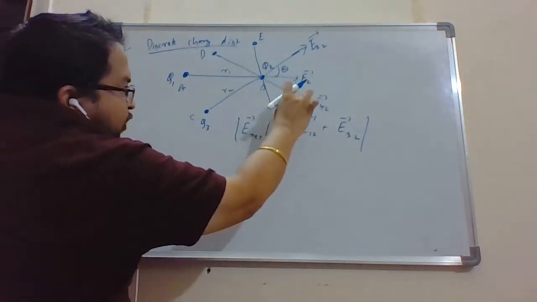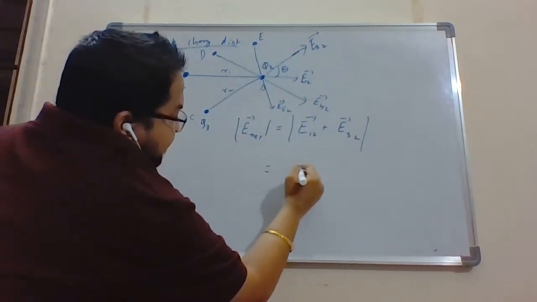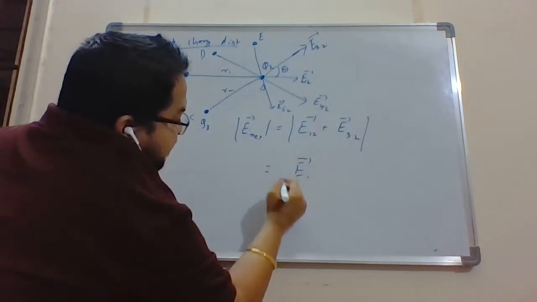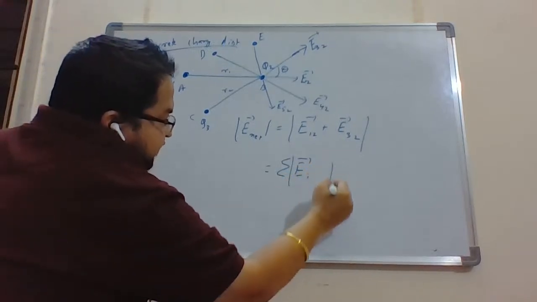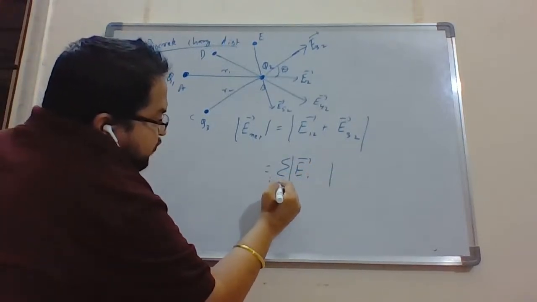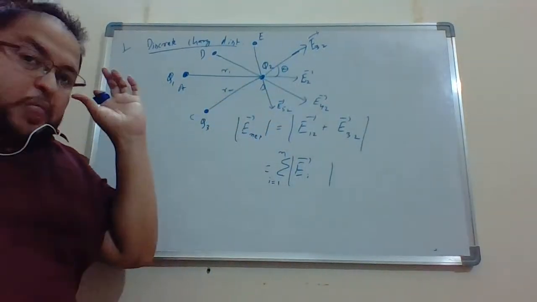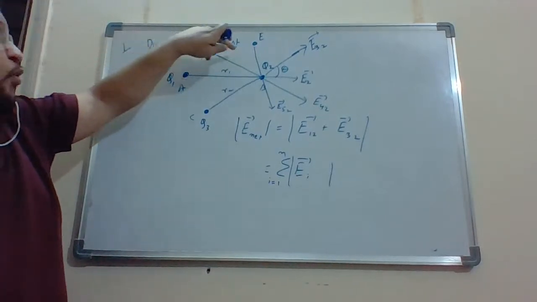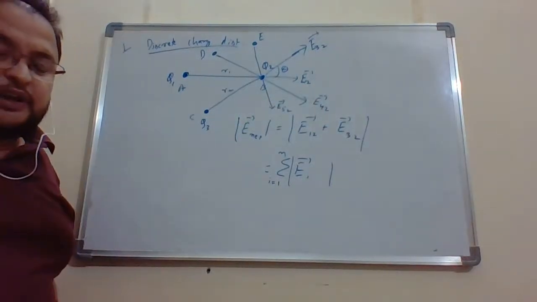Now I have so many vectors, and in that scenario this is nothing but the summation of all the electric field intensities, where i goes from 1 to n, if there are n number of particles. So if different charged particles are there at different points, we can find it like this.